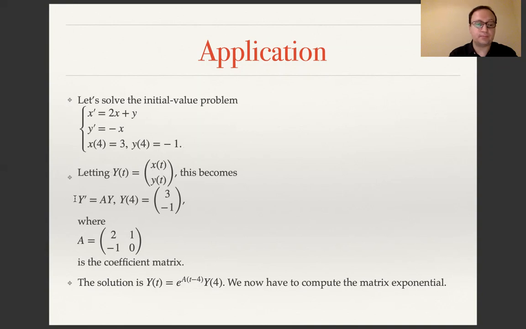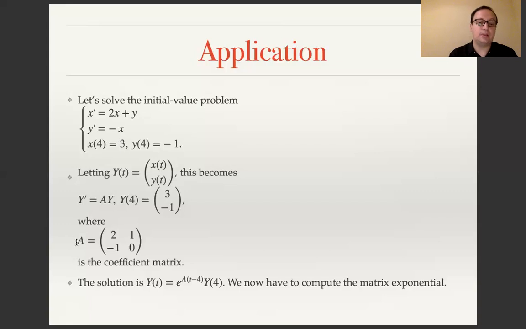Then we can write the equation in matrix form as Y prime, so dY over dt, is equal to A Y, where capital Y here is this column vector, and the initial condition is capital Y at time 4 is the column vector consisting of 3 and minus 1, so the initial conditions for the 2 unknown functions.